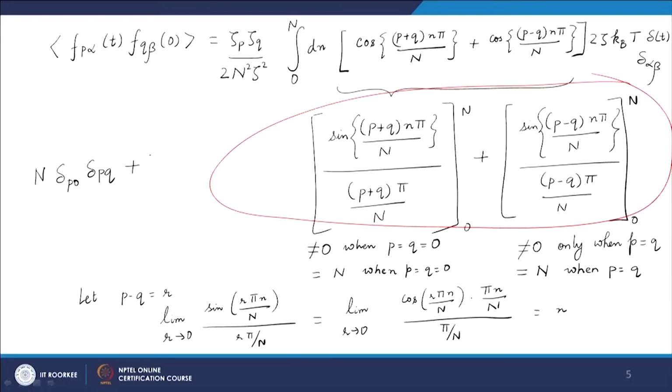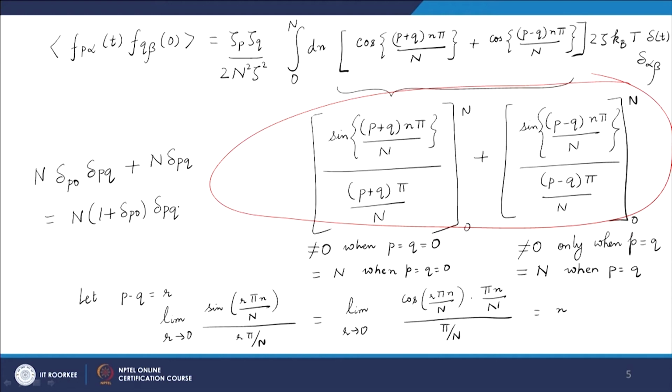So, if I multiply both, it means the condition p is equal to q equal to 0, and the second term is n multiplied by delta pq. So, we have n multiplied by 1 plus delta p0 delta pq.